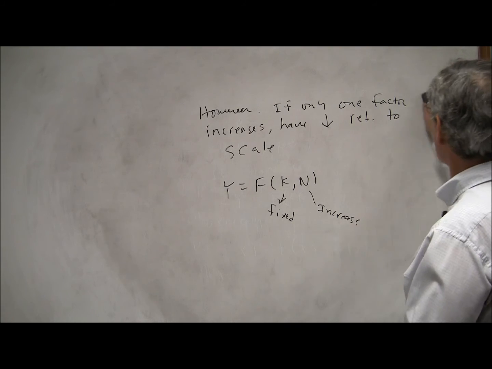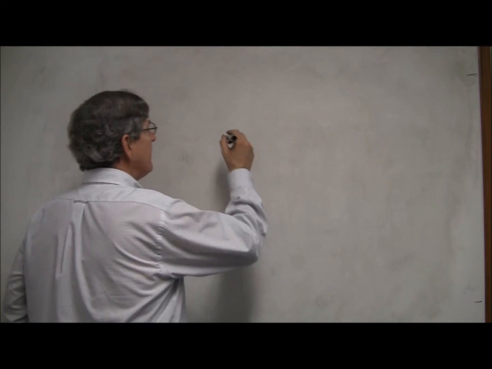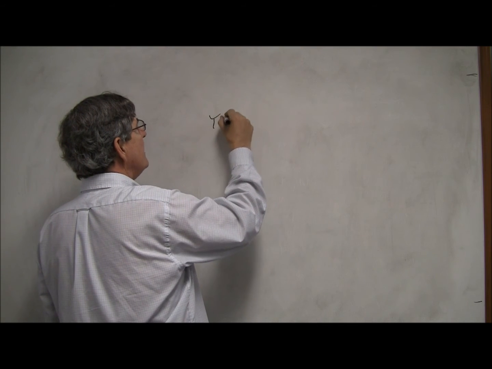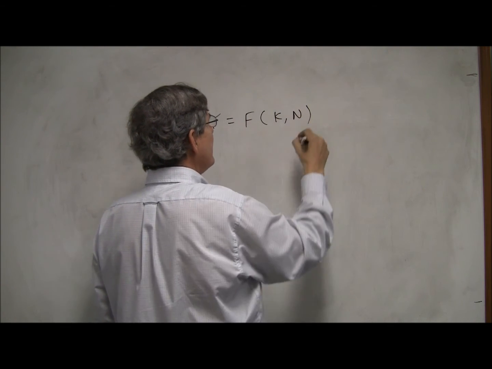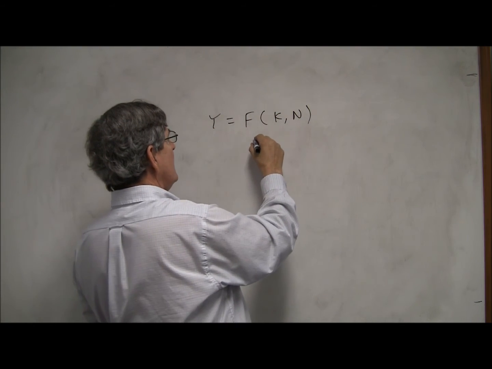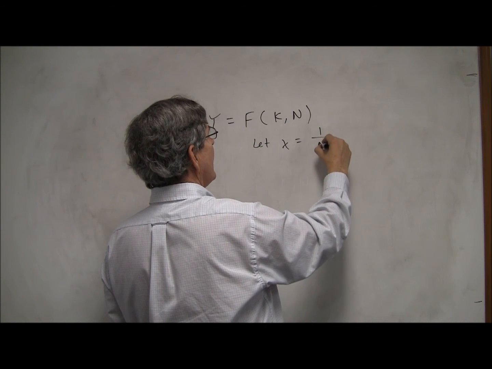Now, if you have constant returns to scale, we can do something that'll be very helpful. If you start with y equals f of k and n, remember that x I multiplied before? Let that little x be 1 over n.